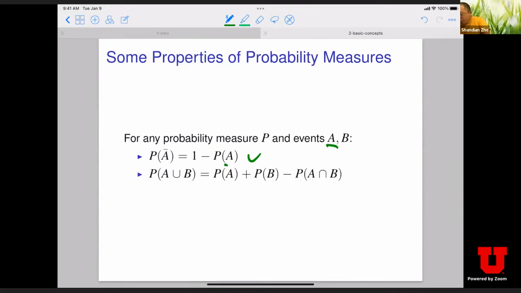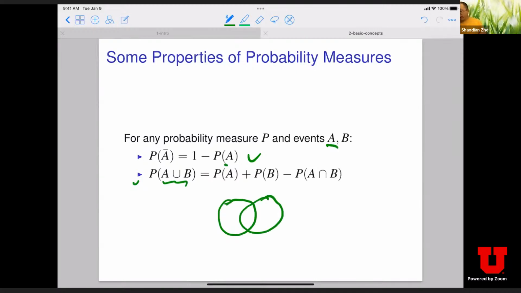And the probability measure over the union of two events A and B is equal to P of A plus P of B minus P of A intersection B. This can be explained intuitively by a Venn diagram.